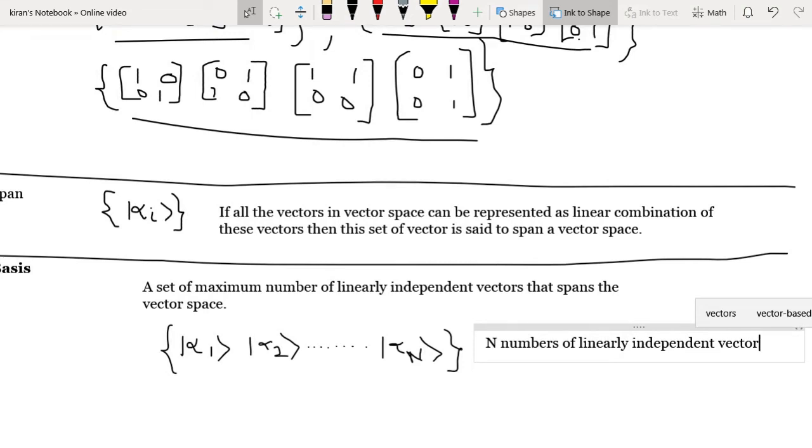So I have n linearly independent vectors, and these vectors also span the vector space.